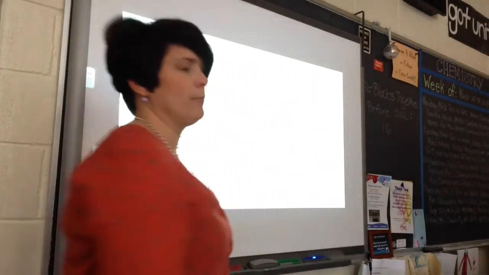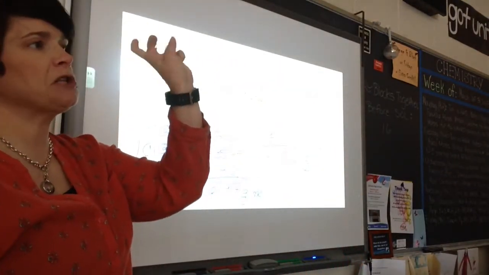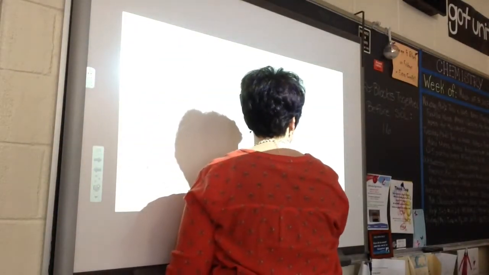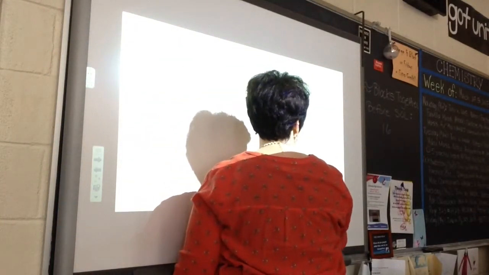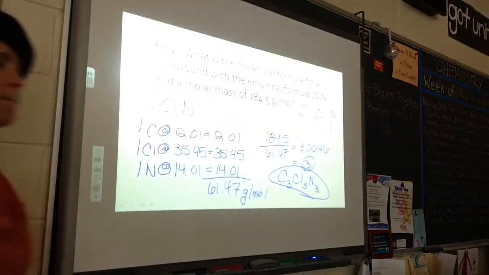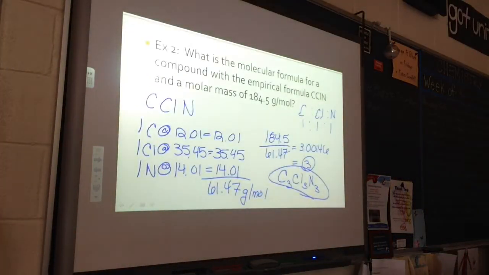So we take our empirical formula and multiply it by 3. So we end up with C3Cl3N3.